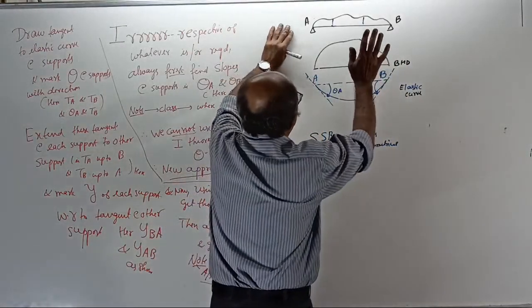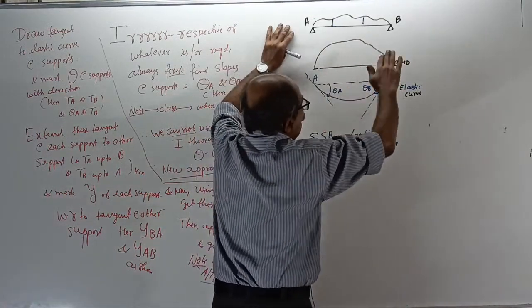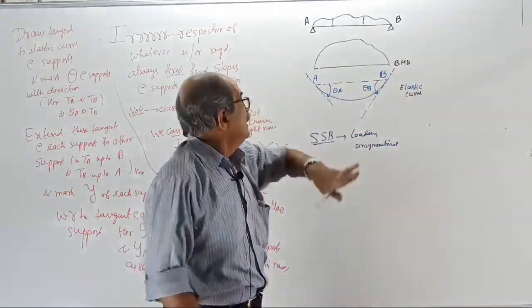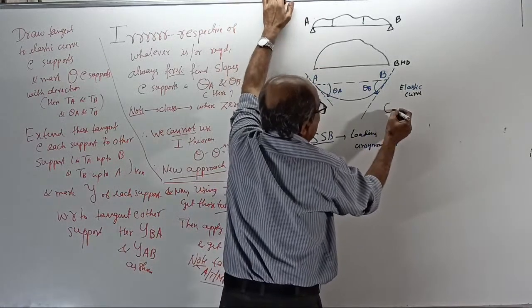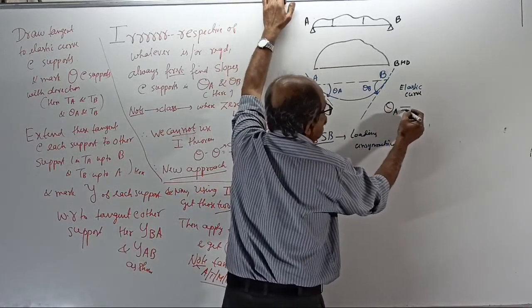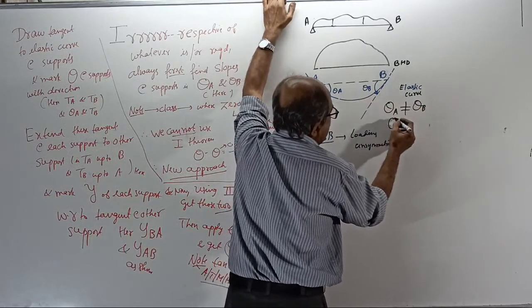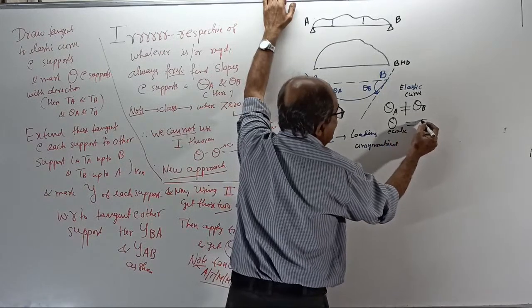Now, what to do? This is a bending moment diagram, not symmetrical. See, now, elastic curve. The elastic curve is always smooth. But now your theta A is not equal to theta B. Remember, theta A is not equal to theta B, and slope theta at center is not equal to 0.